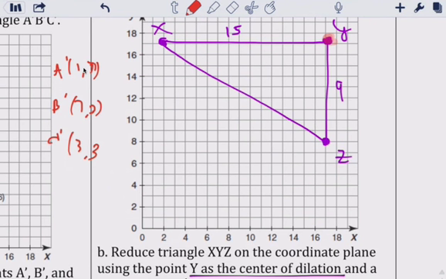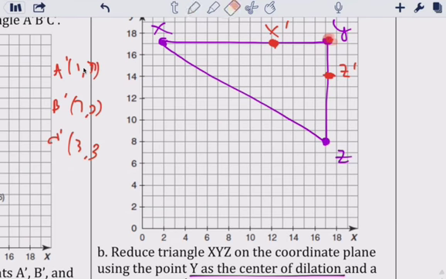Where would a third be? A third would be right here. A third of 15 is 5, dividing 15 by 3. Right there, that is now your X prime. And a third of 9 is 3, so 3 away from the center of dilation is right there. That becomes your Z prime.